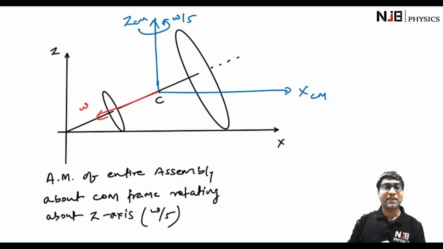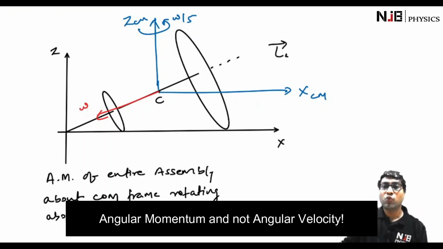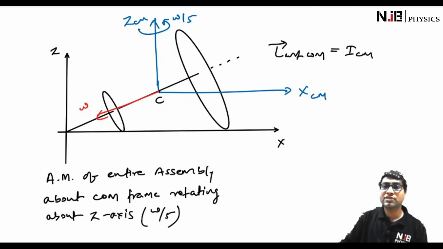So if this is the case, it is going to be very easy, because it is a case of a single angular velocity, and definitely we can make use of this formula: angular momentum with respect to center of mass will be equal to ICM omega vector. ICM will be the moment of inertia about the axis that passes through the center of mass and is along this omega vector.